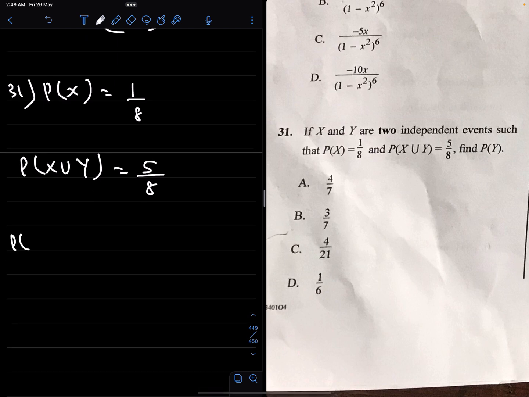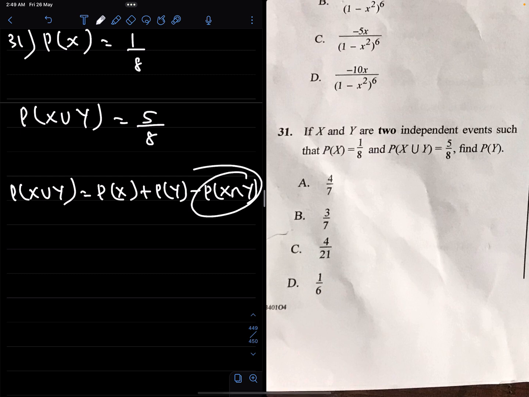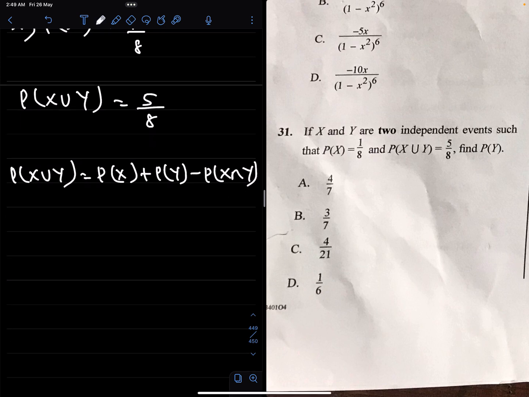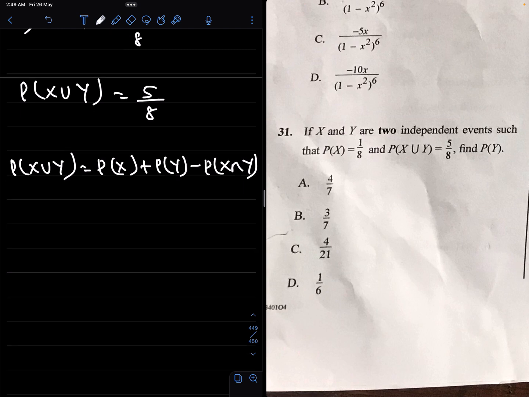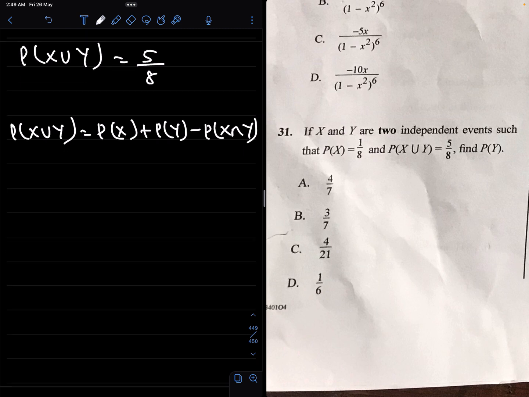First of all, we know that the probability of the union of two events, here x and y, is given by P of x plus P of y minus the probability of x intersection y. This last term would be 0 if the two events were mutually exclusive, but we're not told that they are mutually exclusive, we're just told that they are independent.